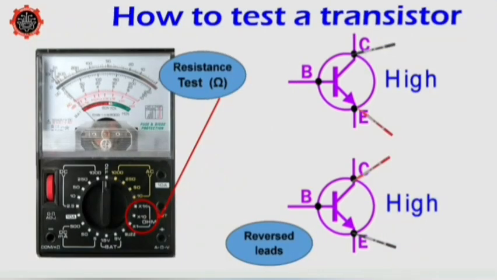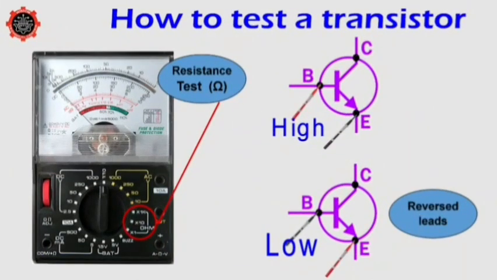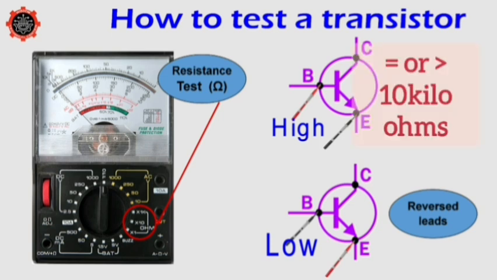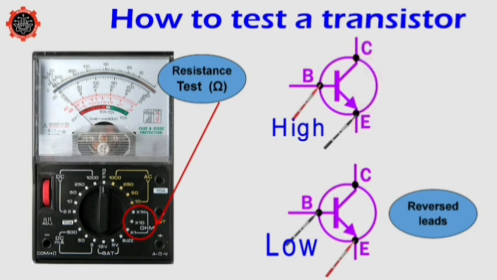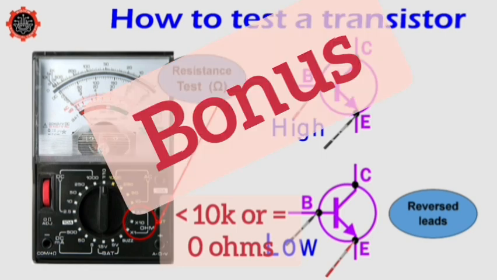Then finally, from the collector to emitter should be high both ways. All this means that in practice, with an analog multimeter set on resistance testing, you connect any two terminals one way, then reverse the leads. In one direction, the resistance should be high, about 10,000 ohms or more, and in the other connection the resistance should be lower, less than 10 kilo ohms.